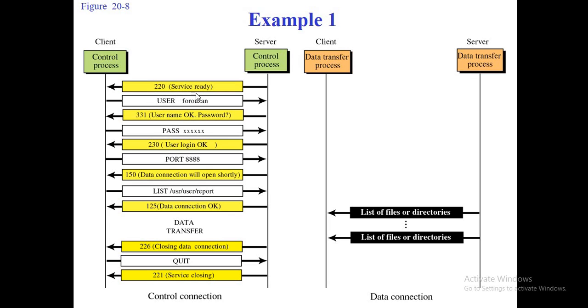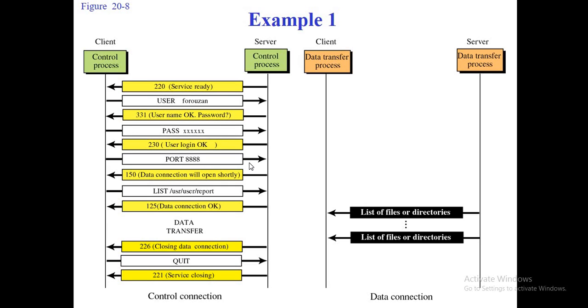All right, here we see an example. Step one is to make an FTP connection from the client to the server, that is the control process. Once it is ready, the response says 220 service ready, that is okay. Then it gives the username, the server asks for a password, the client gives the password, and if it is successful, then it says PORT 8888.